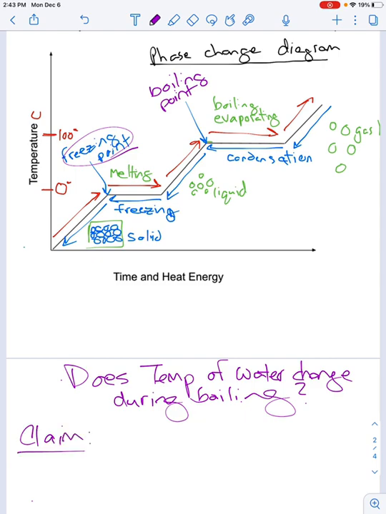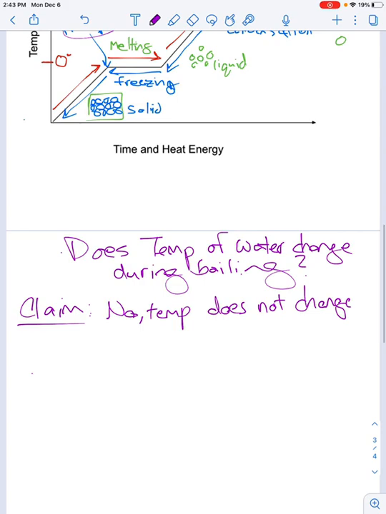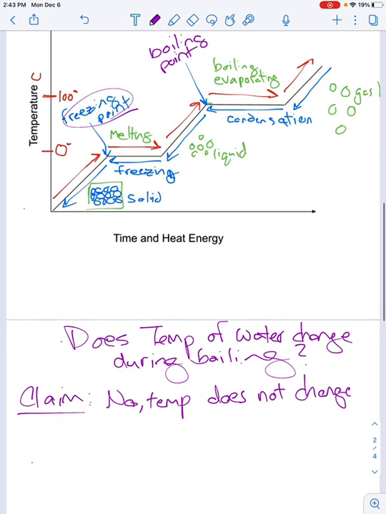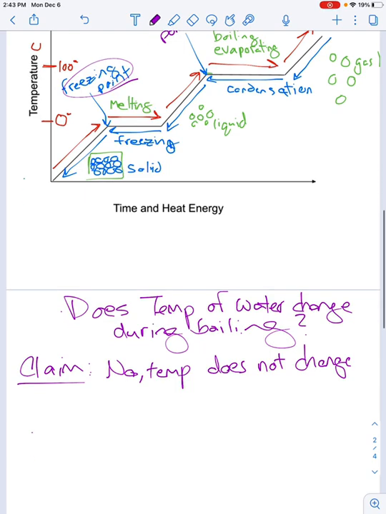And if you look here where the boiling happens, does that temperature change? No. Temperature does not change. And we got our evidence from that video that we watched, from that simulation, from our graph.